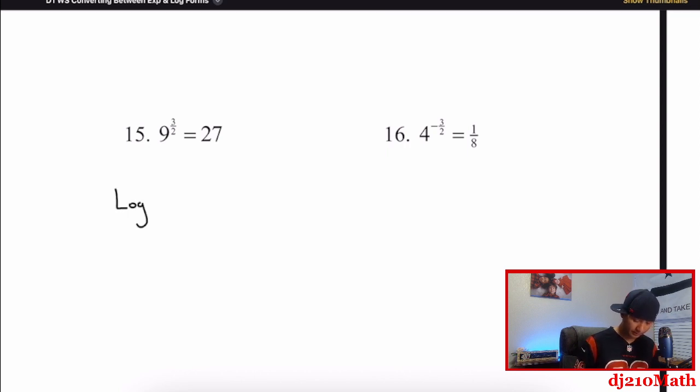Log base 9, 27 equals 3/2. Log base 4, 1/8 equals -3/2.